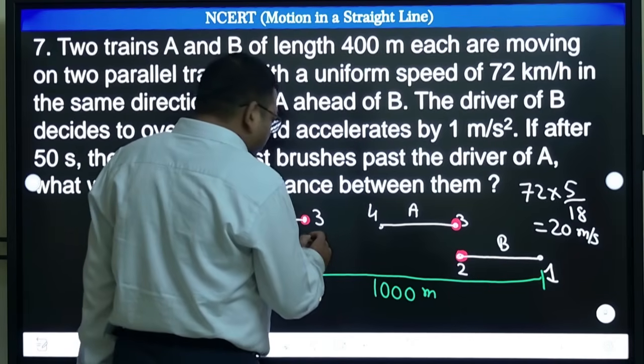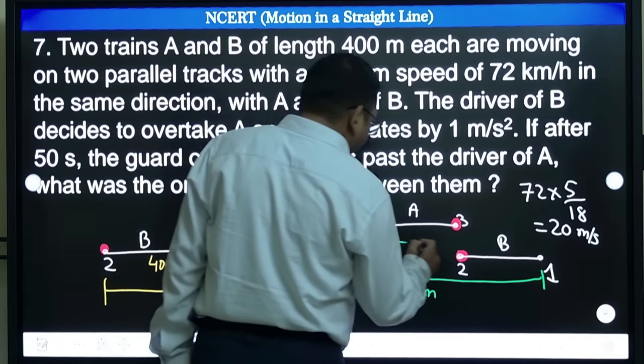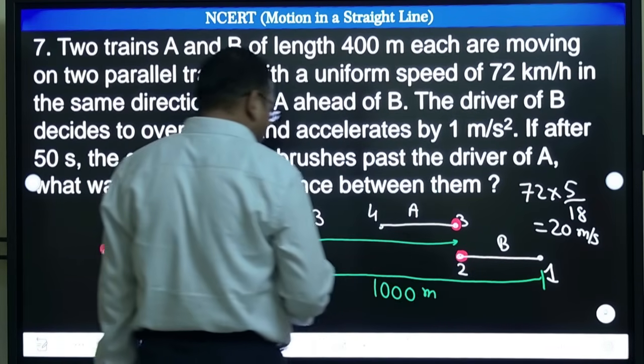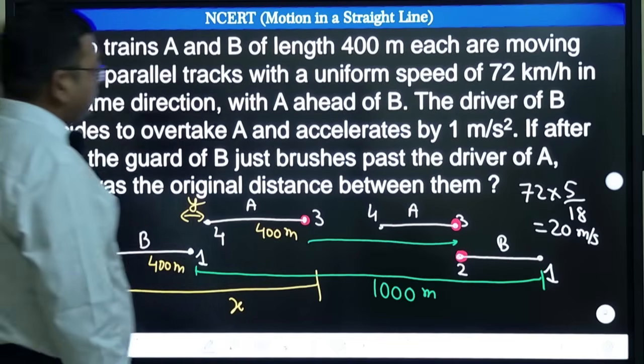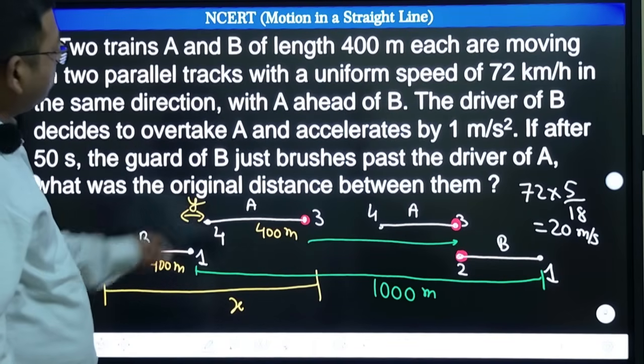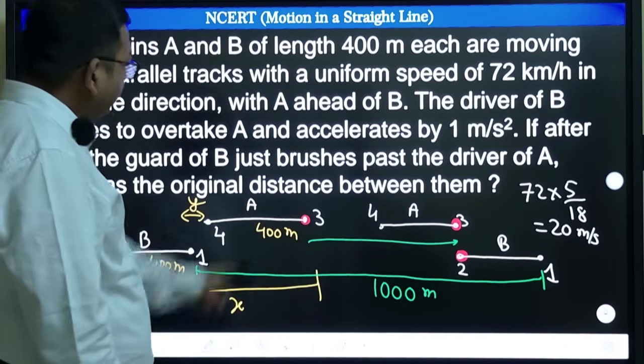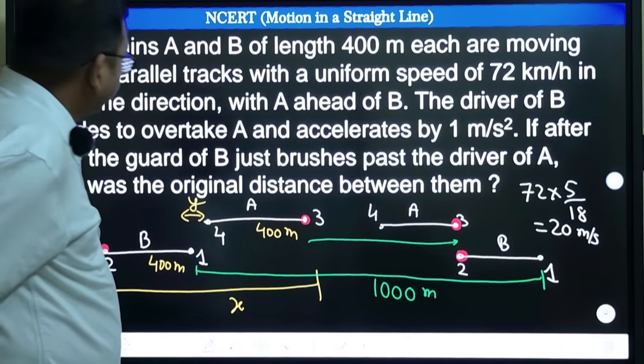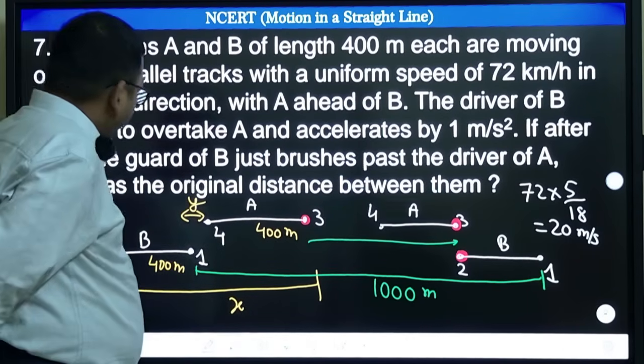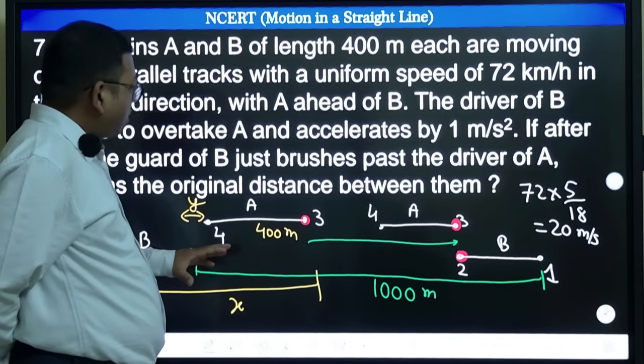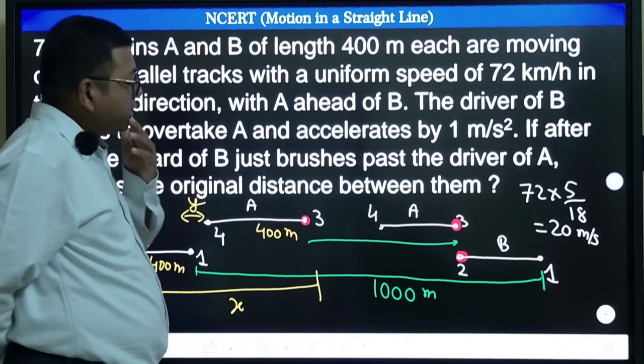Because we can also calculate the 3 to 3 distance. The distance moved by that point 3, how much will it be? Also note that the speeds are different.